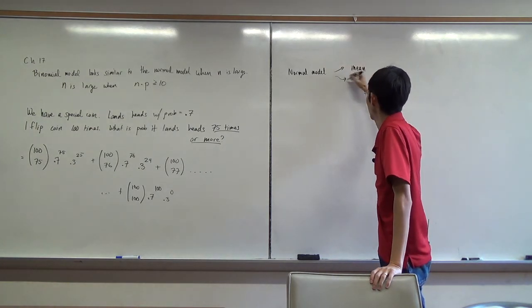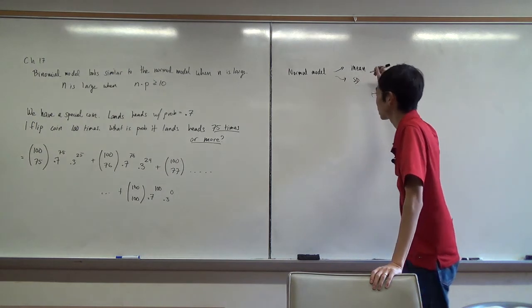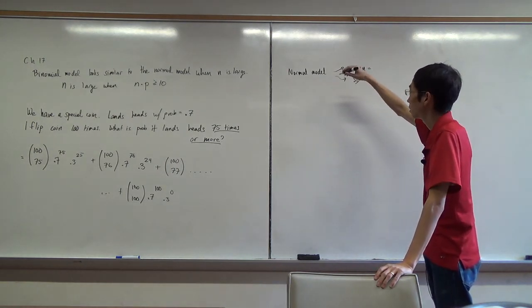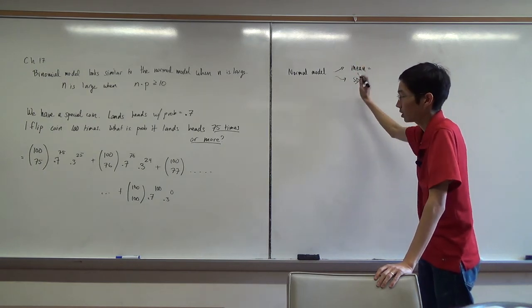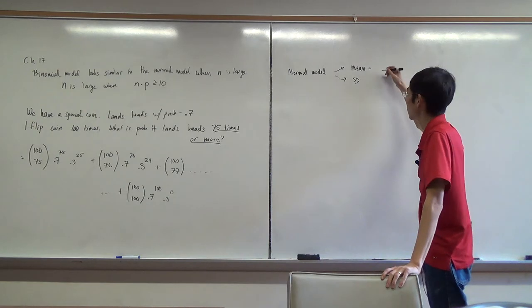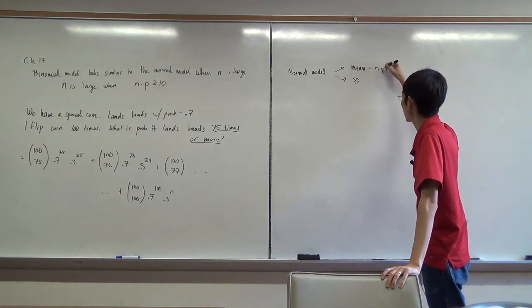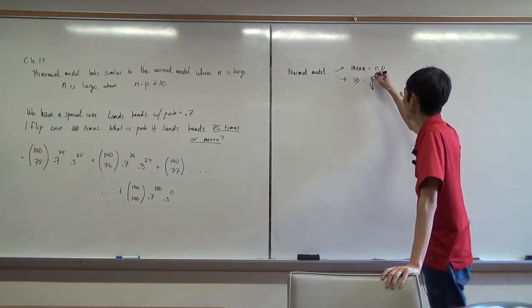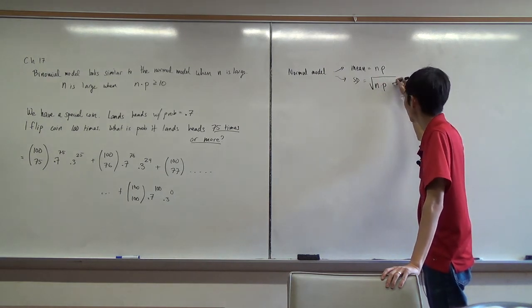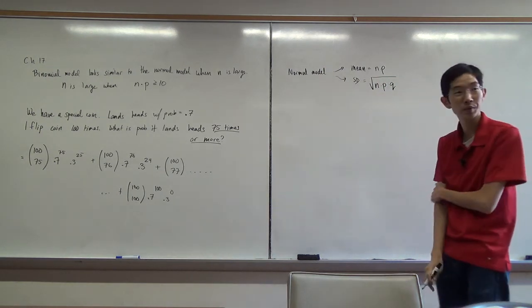A mean and a standard deviation. When we use the normal model to approximate the binomial, we say the mean is equal to n times p, and the standard deviation is the square root of n times p times 1 minus p, or q.